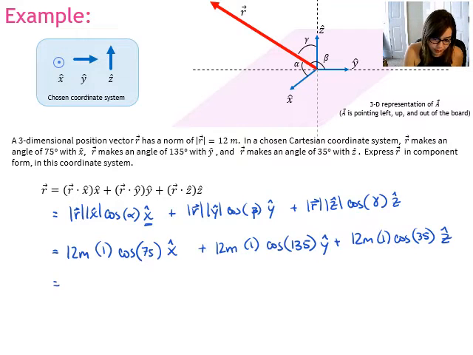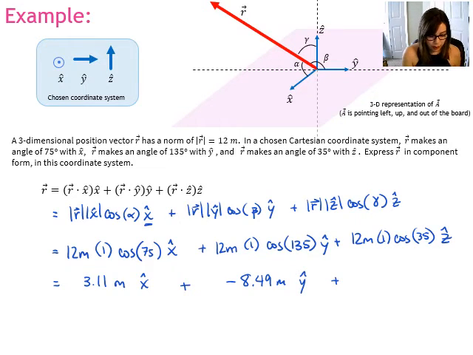So I'm just showing it step by step, and now I'm going to actually calculate some numbers here. 12 times the cosine of 75 gives us 3.11 meters x hat, plus 12 times the cosine of 135 gives me negative 8.49 meters y hat, plus 12 times the cosine of 35 is 9.83 meters z hat.